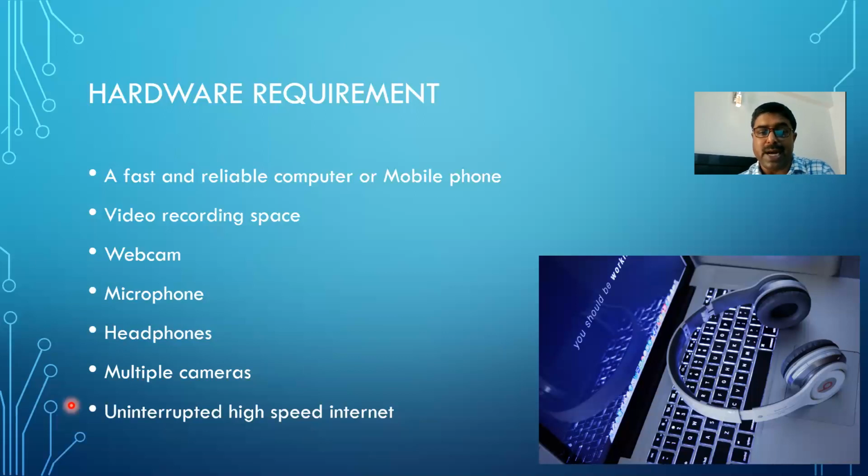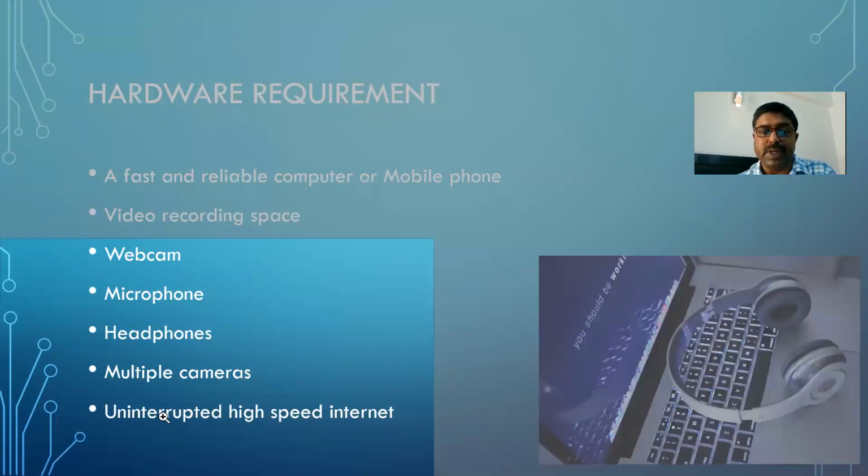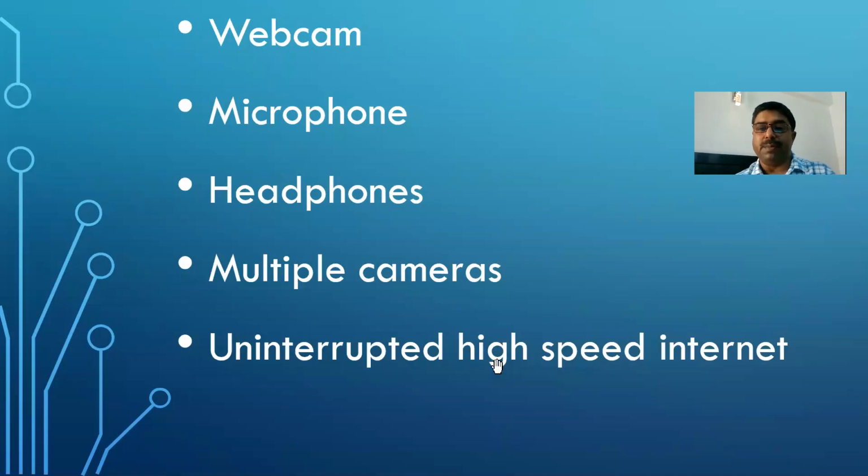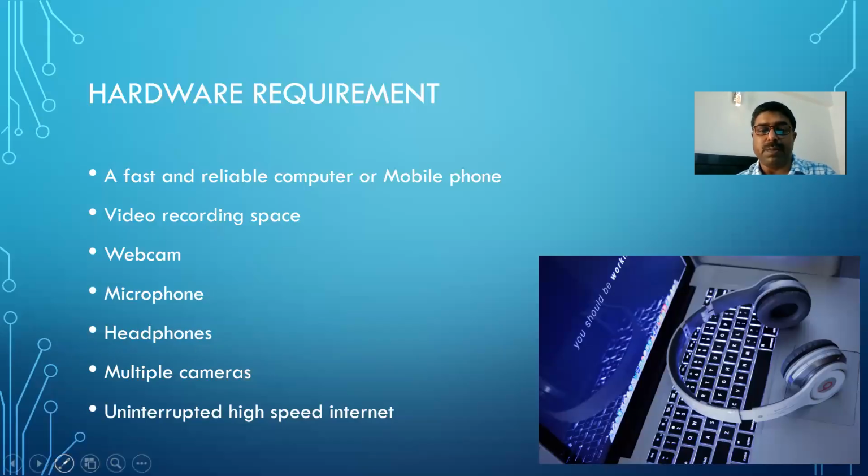And last but the most important one, and that is what we call uninterrupted high-speed internet. If you don't have this, it is not possible at all to have an online system running smoothly. So you need uninterrupted high-speed internet.